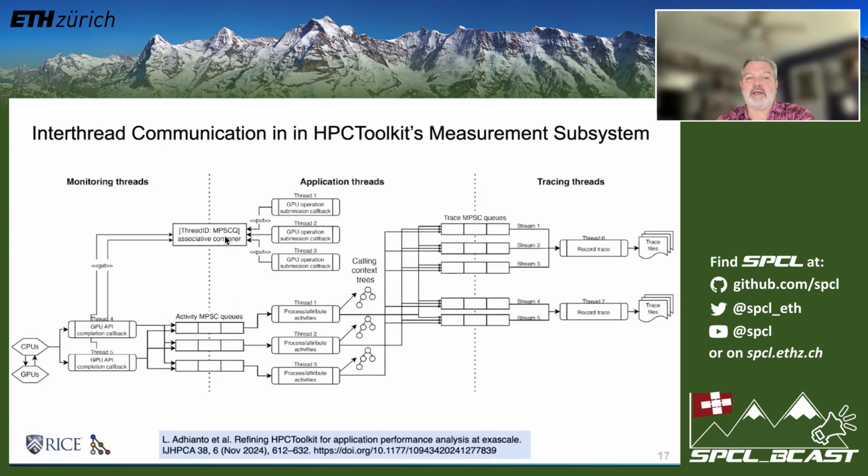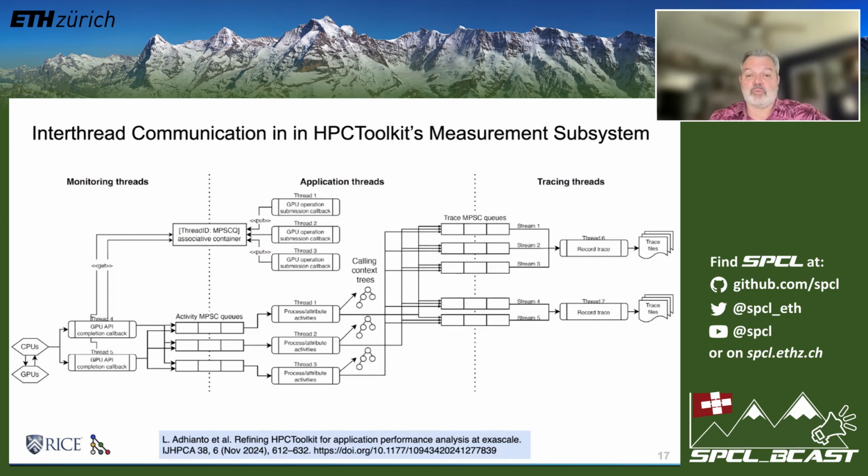So inside HPCToolkit, as I mentioned, we're collecting information inside highly multi-threaded programs. With AMD's ROC Profiler, we're getting information coming off the GPU and it's being delivered to multiple monitoring threads. One monitoring thread monitors the invocations of memory copies and kernel launches and gets timing information.